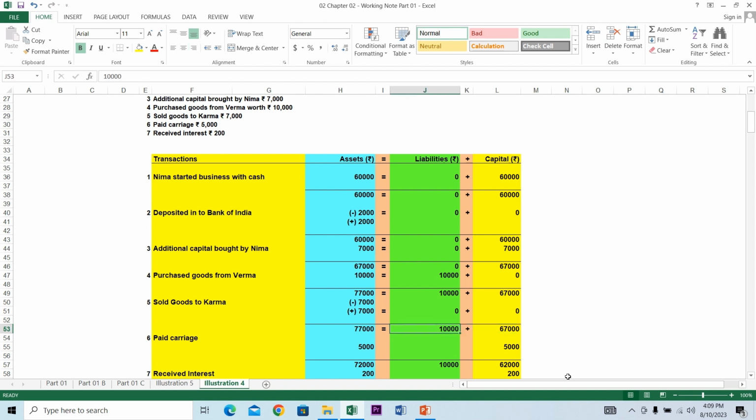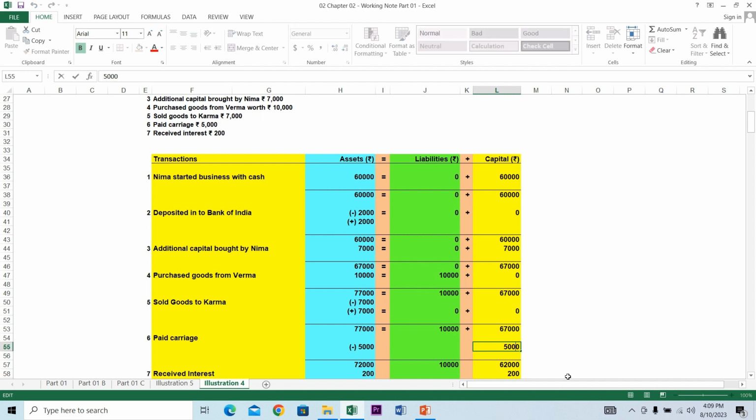Okay, now paid carriage. कैरेज का जो पेमेंट किया है, that means cash gone. और यहाँ क्या हो गया? कैरेज इज एन एक्सपेंस, तो एक्सपेंस हो गया तो कैपिटल उतना रिड्यूस हो गया, प्रॉफिट उतना रिड्यूस हो गया.